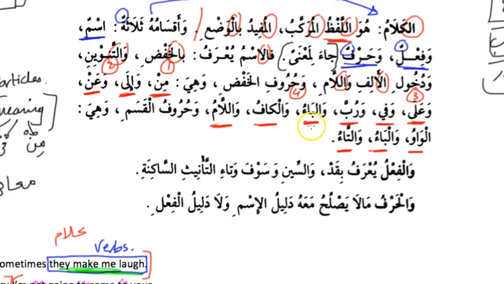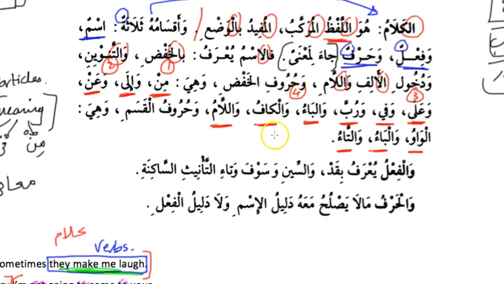Ba here refers to a preposition, not the letter ba as in alif, ba, ta, not that. Because we don't deal with those, we deal with particles. So ba here comes with the meaning of with. In other words, I went with Zainab to the shop. Kaf, again, this doesn't refer to the Arabic alphabet. It refers to a particle which has the meaning of like.